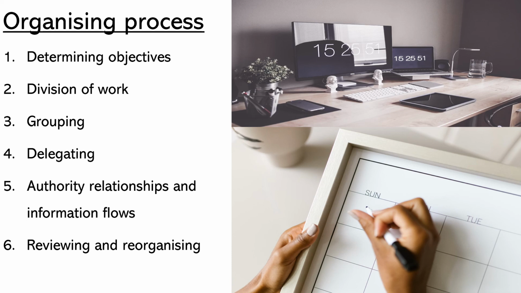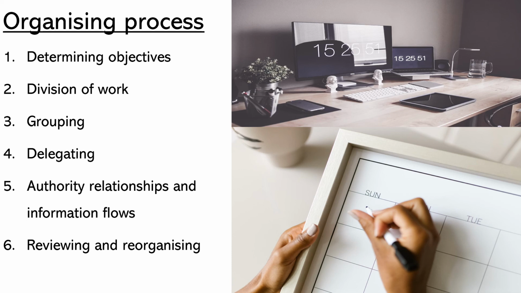So that is authority relationship and information flow. That means a well-coordinated effort should be there. There should be a smooth flow of communication, and also people should know what they are doing, to whom they have to report, who is responsible for what work, and that relationship should also be there, and that information should flow smoothly in an organization for performing any work.